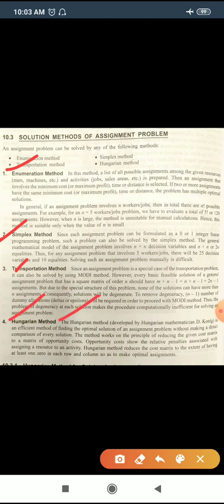This method is used to solve assignment problems and gives an optimum solution to any assignment problem. So there are 4 methods: first, the enumeration method; second, the simplex method; third, the transportation method; and fourth, the Hungarian assignment method. Using these 4 methods we can solve the assignment problem.